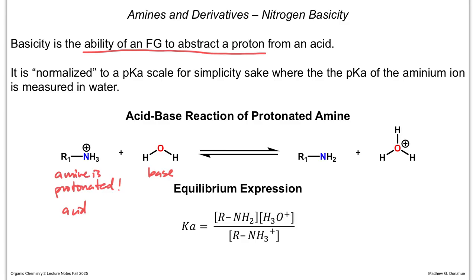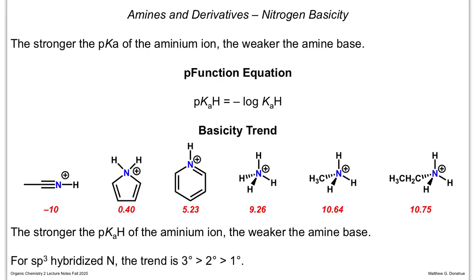So that Ka was defined as the concentration of the amine times that of hydronium divided by the concentration of the protonated amine. And from organic 1, we can just take the logarithmic, the p function, of each side.